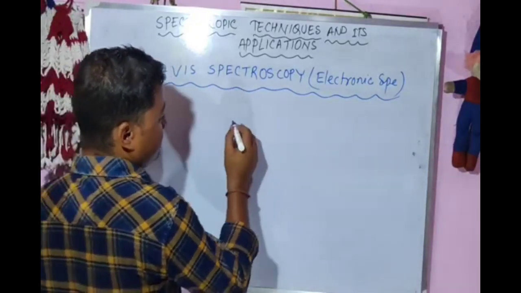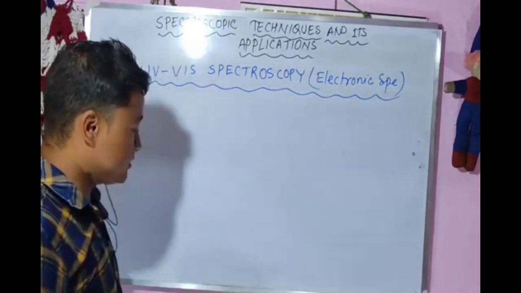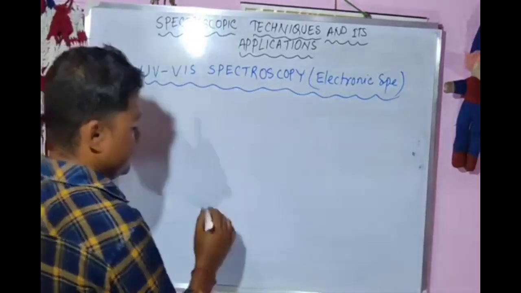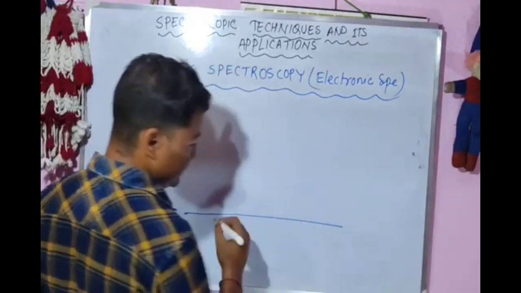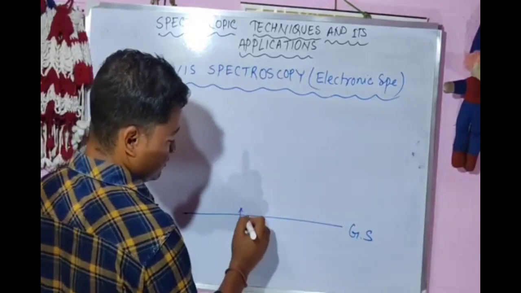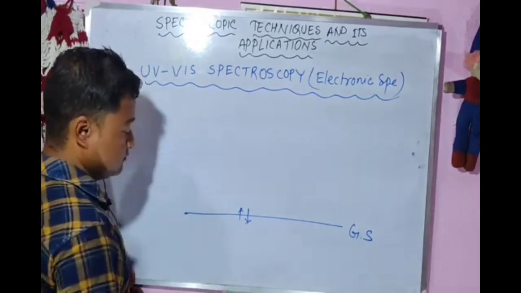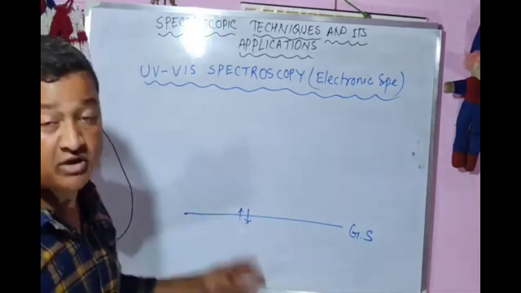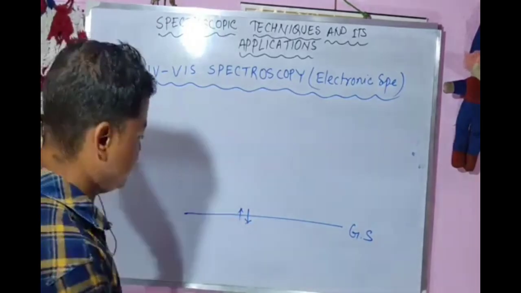That is, in molecules there are so many energy levels. That is the ground level, the ground state. Here the electrons stay more, and this is the more stable energy level.